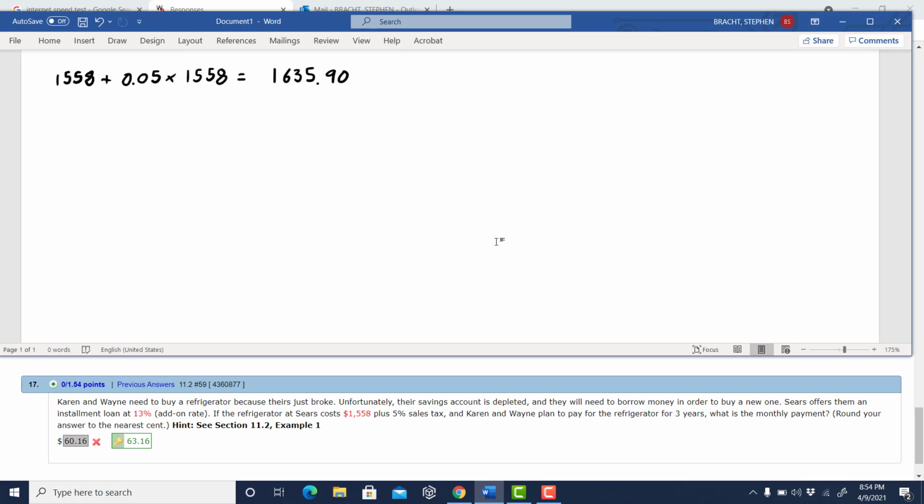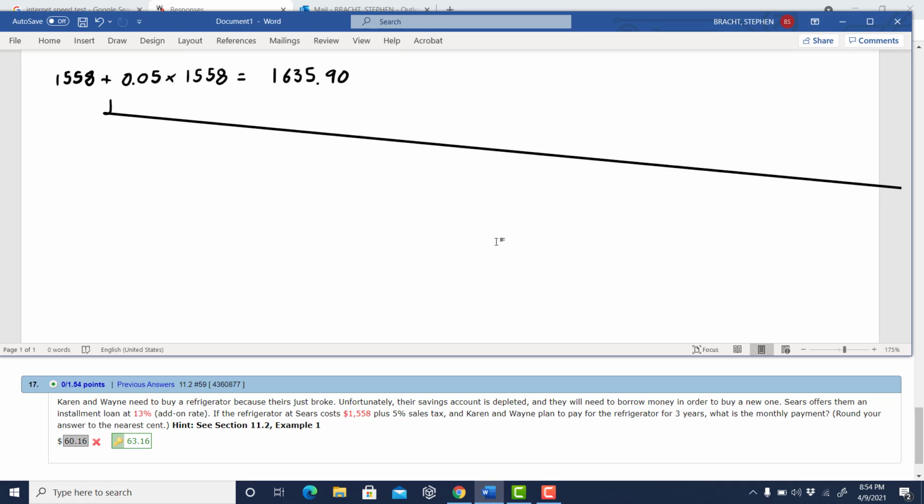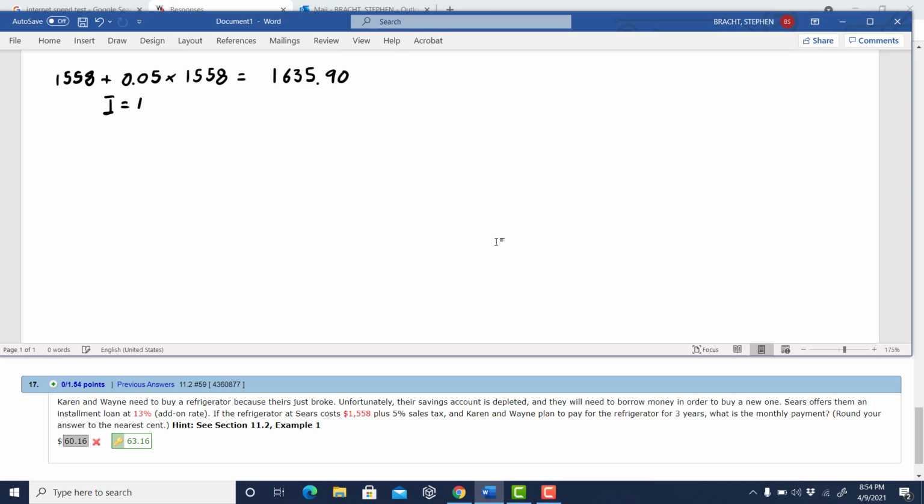Okay. And so that's the amount borrowed, right? And then you got to figure out the amount of interest, and you do that using the simple interest formula, PRT. The principal that you'll plug in is this, the $1,635.90. Interest rate is given as 13%, so you'll plug in 0.13. Time is given as 3 years, so you'll just plug in T equals 3, right?